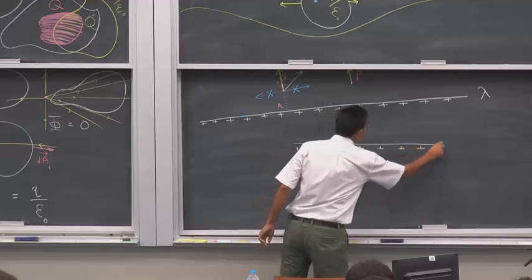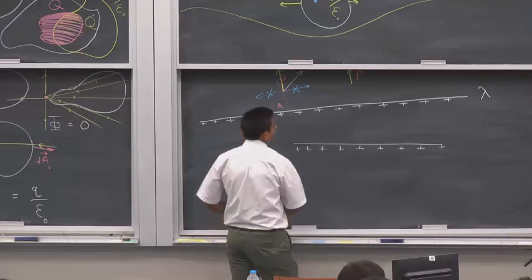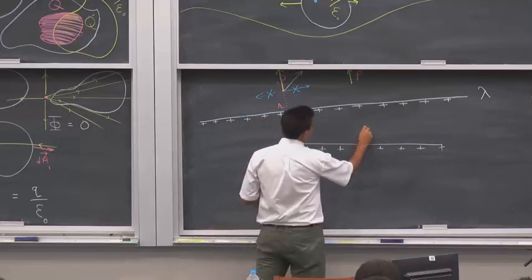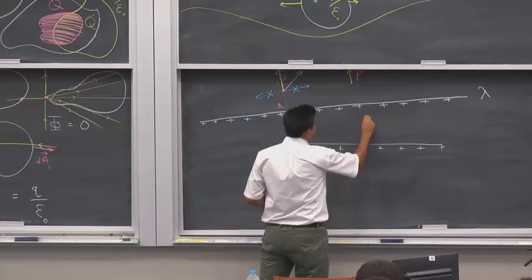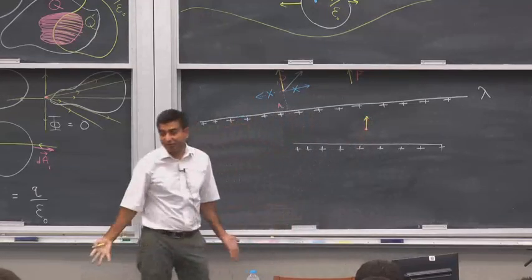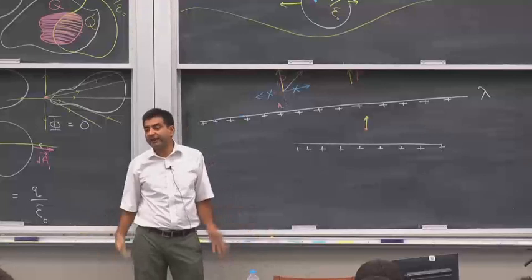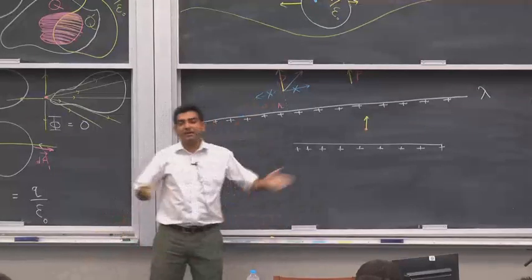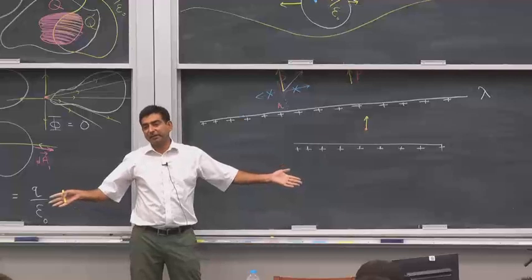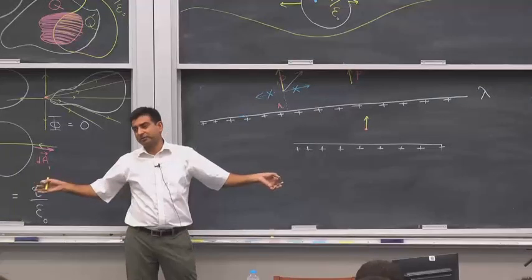So I'm just drawing a section of this line. This is point P. The electric field is pointing in the upward direction here. This is something we know by symmetry, by the symmetry of the problem. It cannot point in any other direction, because if it does, it will have a component parallel to the line. It does not make sense because it's an infinite line of charge.